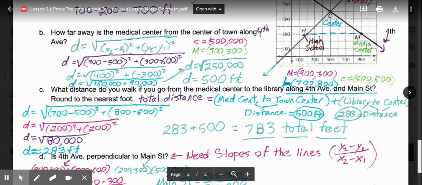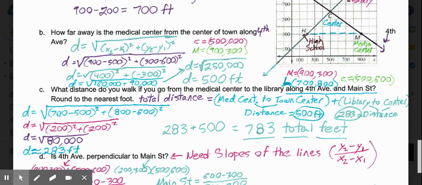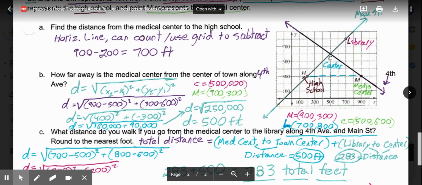So from the med center to the town center, we just did in our last one. The med center to town center, we know that distance is 500. So our total distance was that distance along 4th Ave, and then from the town center to the library on Main Street.